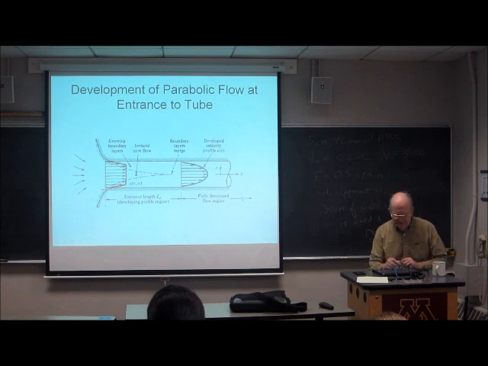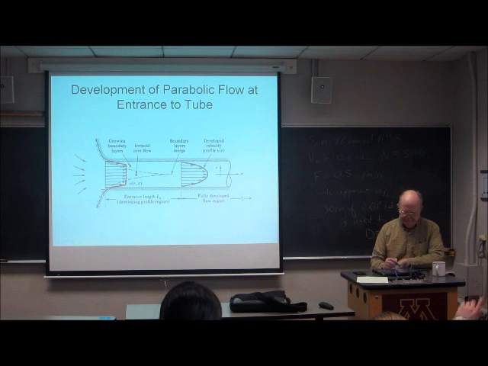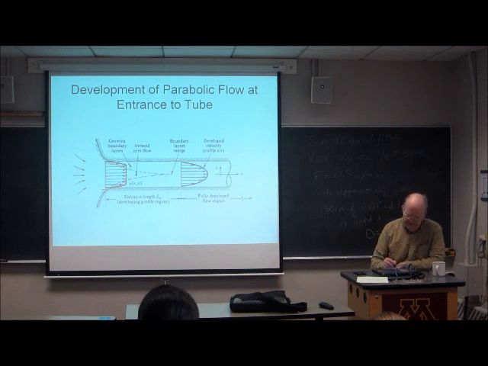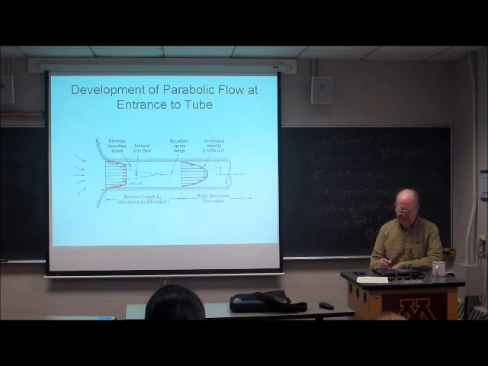And then as you progress into the tube, finally the two boundary layers from the two walls come together, and you're in fully developed laminar flow. And then you have your parabolic flow profile.